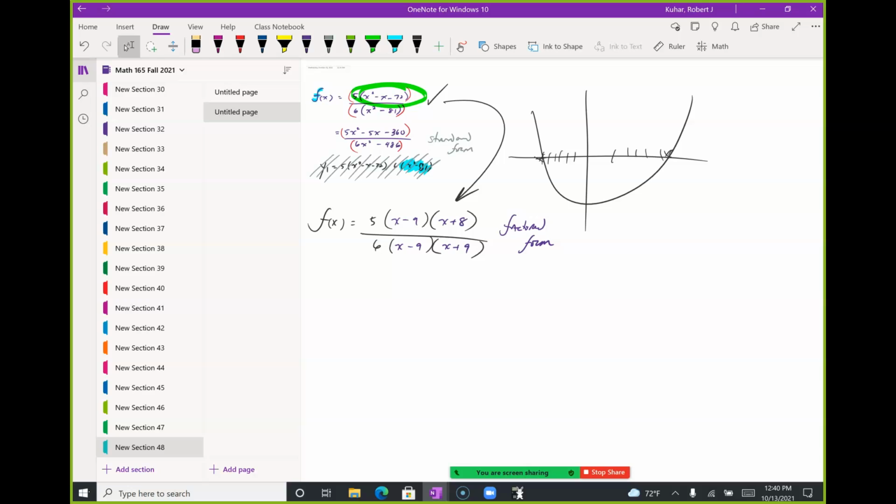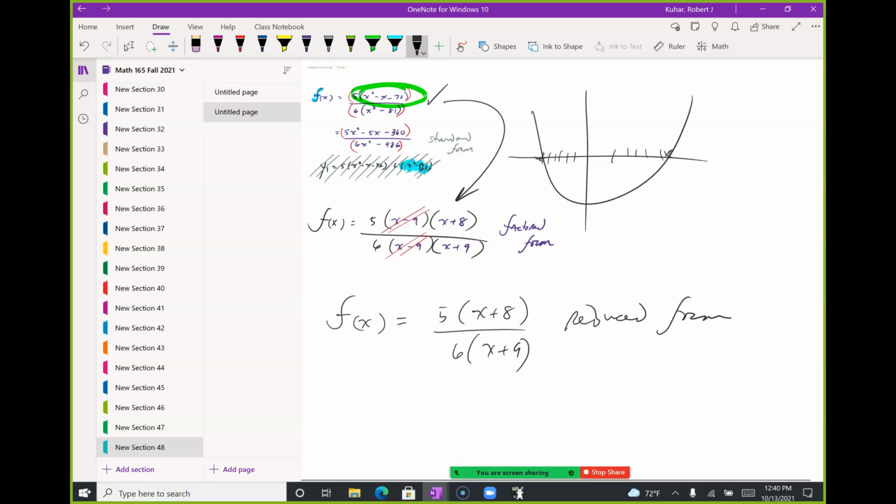Yeah. Nice. So there's my factored form, and you can see that I've got matching factors that are going to cancel, and here's my reduced form. The important thing is when I'm talking about my reduced form, I must have the domain from the original.